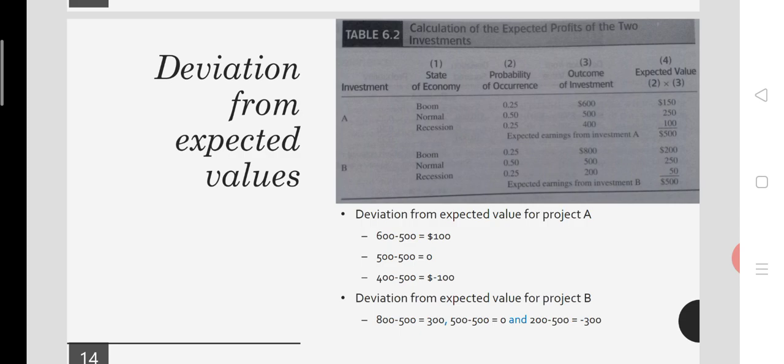Then you can easily understand that investment project A is less varying from the expected value.